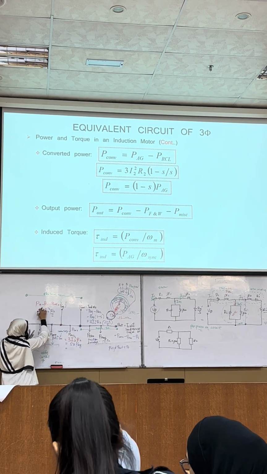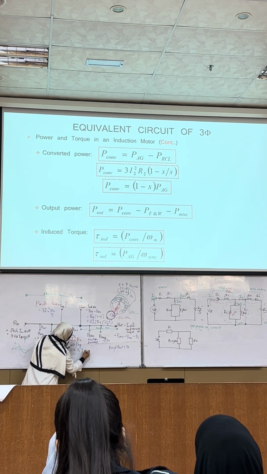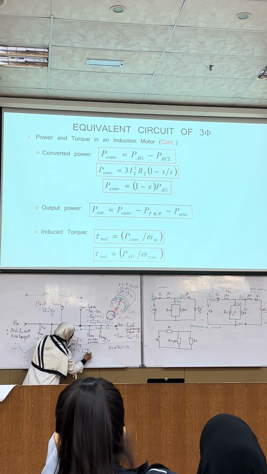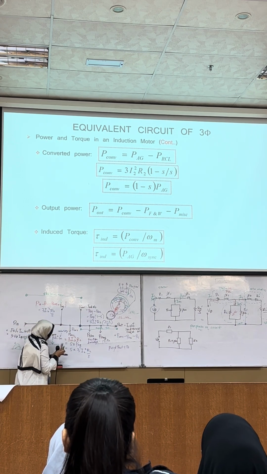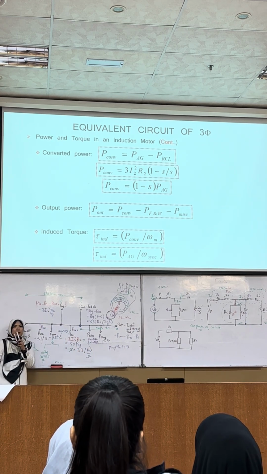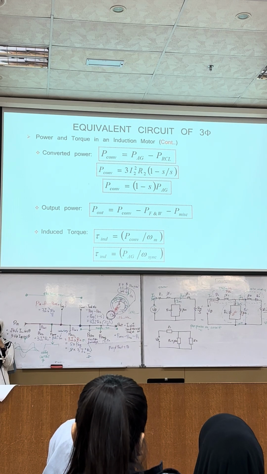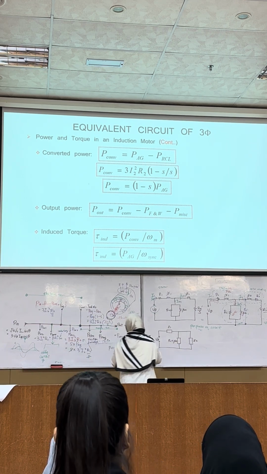PAG is this one, right? So, S times 3I2 prime square R2 prime over S. Okay. So, you cancel out this one. You akan dapat balik yang ni. It's about expanding and factoring back the equation. Okay. Same goes to others.